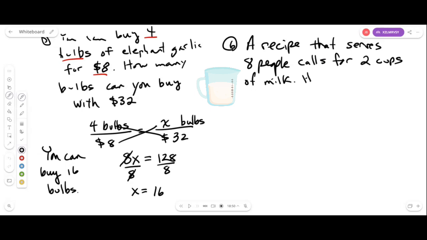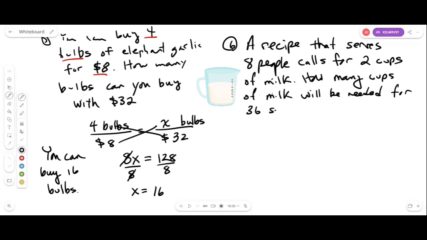How many cups of milk will be needed for 36 servings?